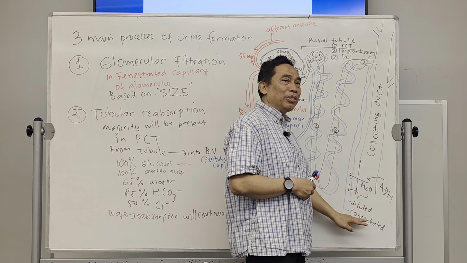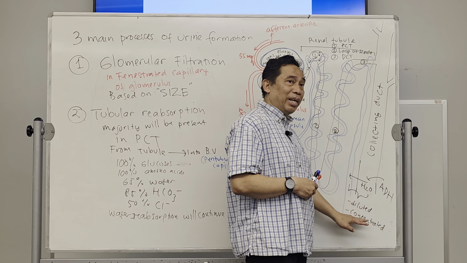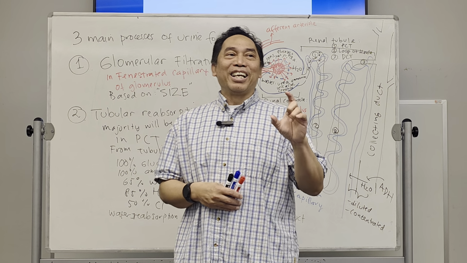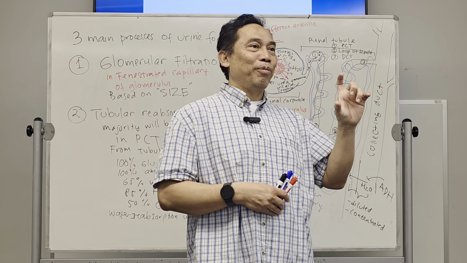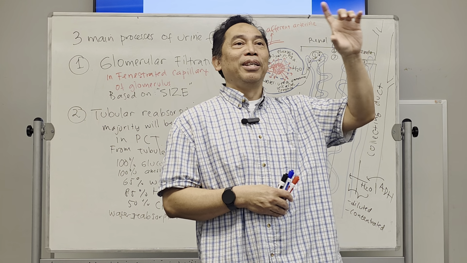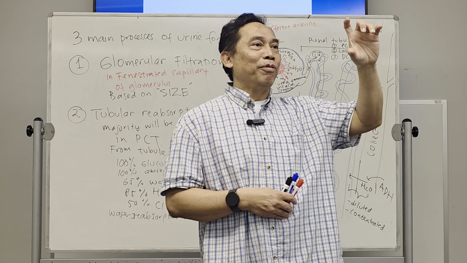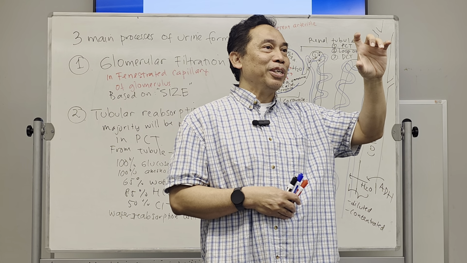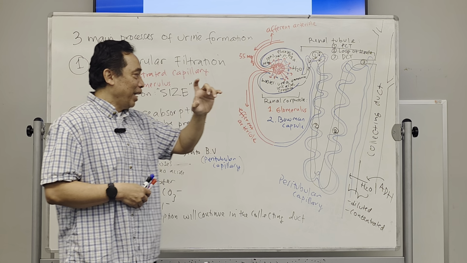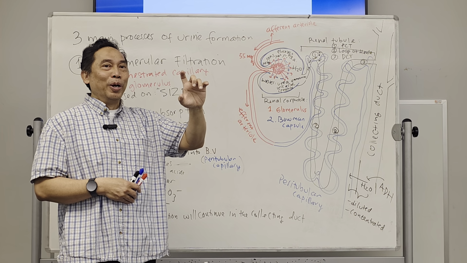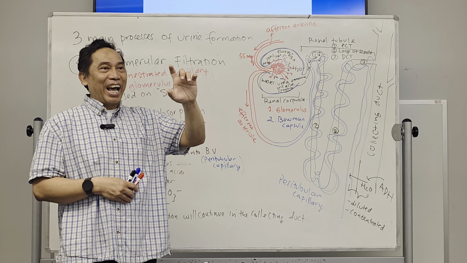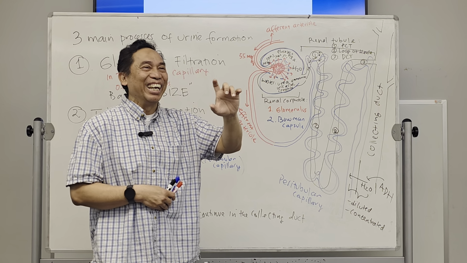You will be able to see your urine next time. We're going to give you a clear cup. When you pee, you take it to the lab, and then you observe the color of the urine, whether diluted or concentrated. Also there is an observation for smelling the urine, but I will not ask you to smell it.